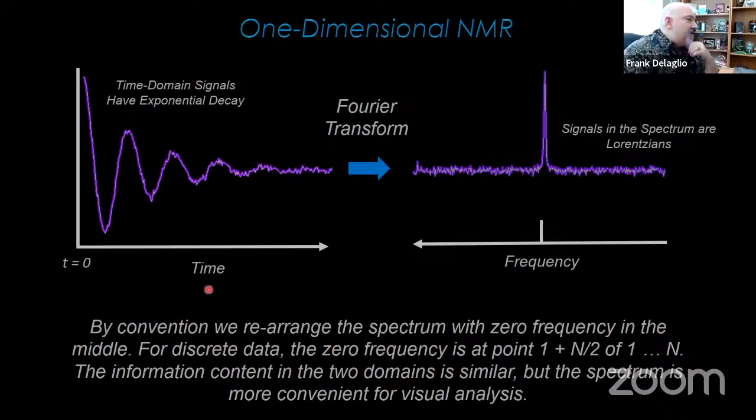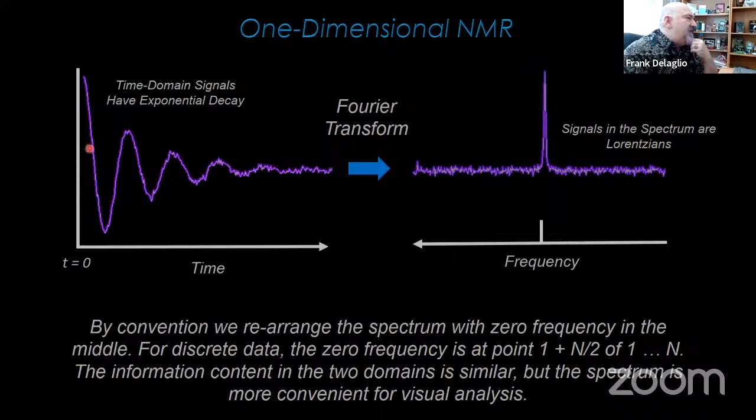So in your introductions, I think you've seen already that in an NMR experiment, we measure a time domain signal. And in the ideal mathematical form of these signals, they are exponentially decaying sinusoids. And we use a method called the Fourier transform to take this time domain data and turn it into a frequency domain.